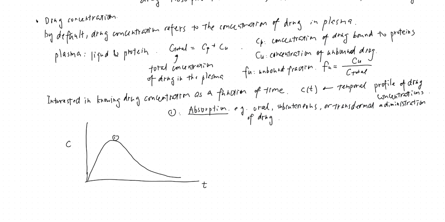The t equal to 0 means the time people started to swallow a pill, and it wouldn't immediately be measurable in the plasma. It could go to the stomach, then the intestine, then go through the circulatory system and become measurable in the body. So initially it starts at 0 and then increases as it gets absorbed.